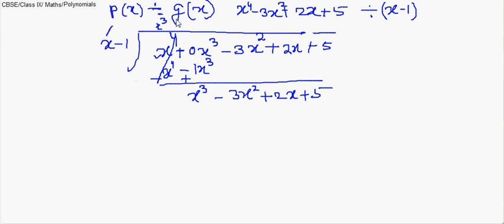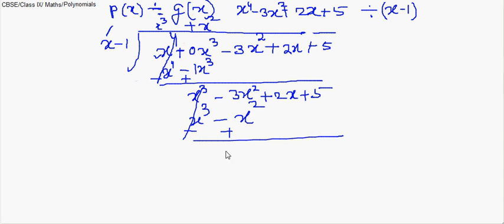If I multiply 1x square with x minus 1, I would be getting x cube minus x square. Then again we need to change the symbol because of the same reason as explained before. It's minus 2x square plus 2x plus 5. Now I need an x square here and a minus 2x, so I'll multiply it with a minus 2. That would give me a minus 2x square.